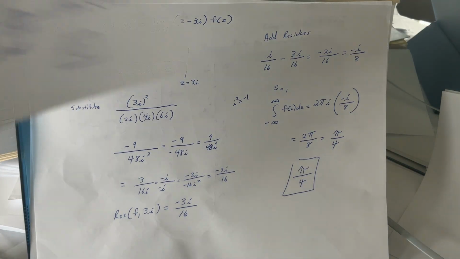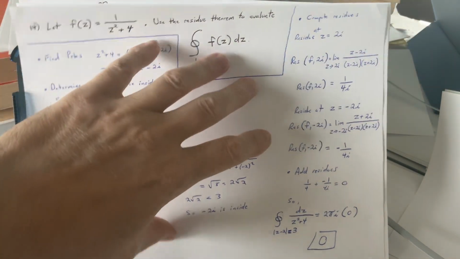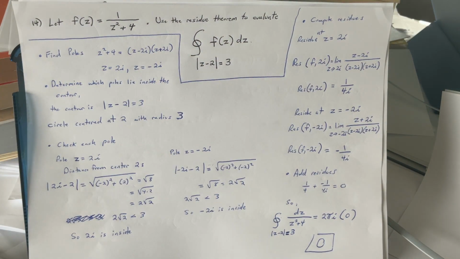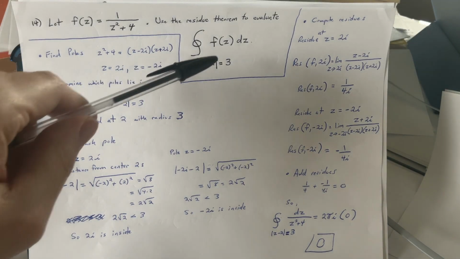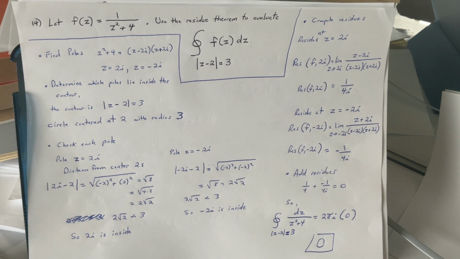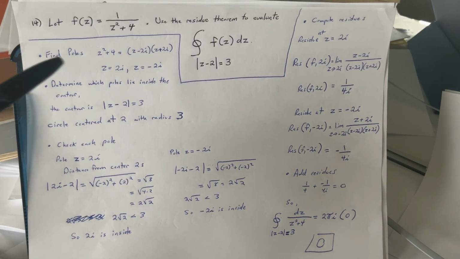So moving along to number 14. In number 14, we let f(z) equal 1 over z squared plus 4. Use the residue theorem again to evaluate the integral of f(z) dz on the contour where the absolute value of z minus 2 equals 3.